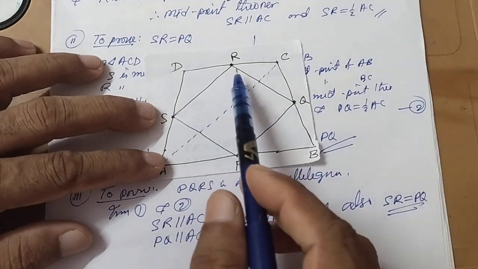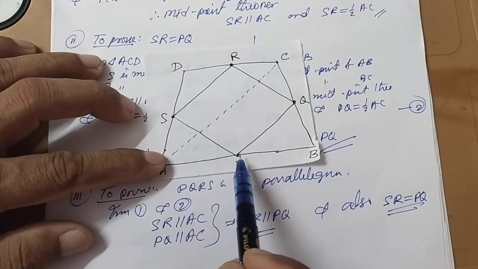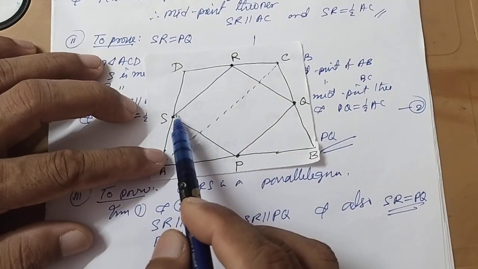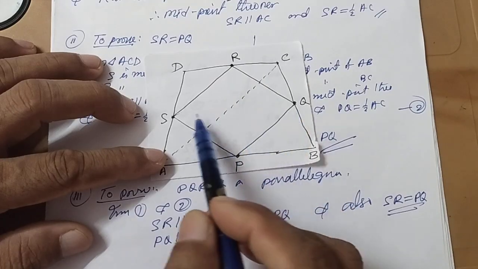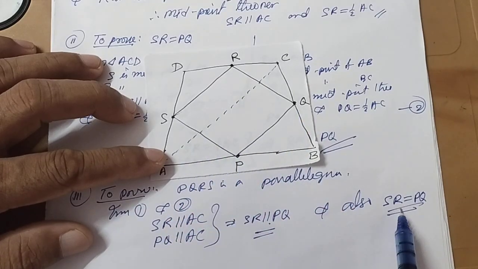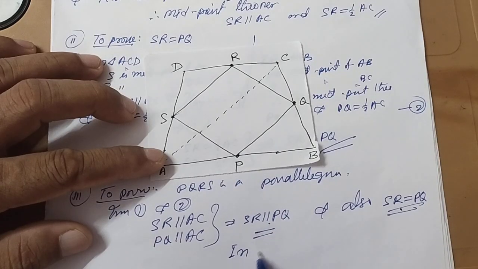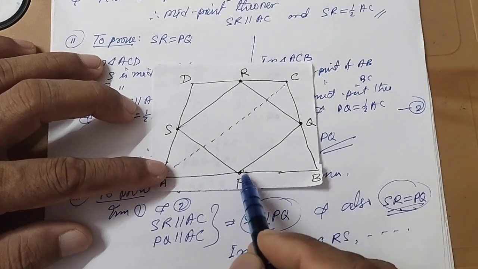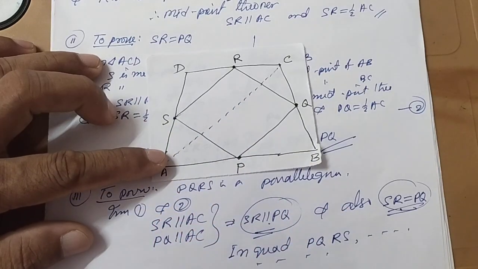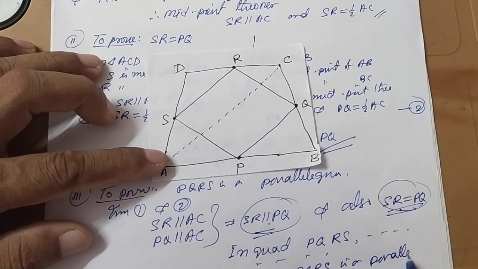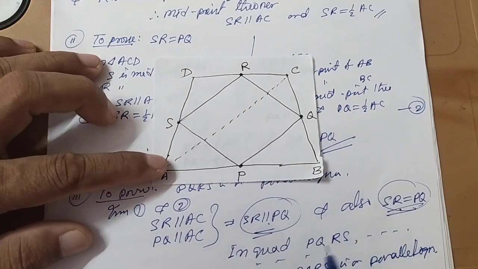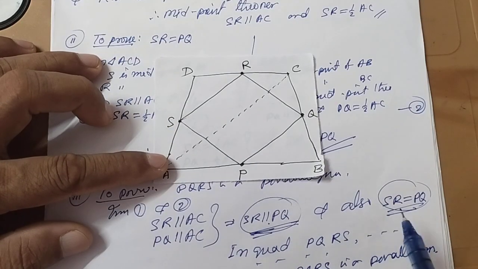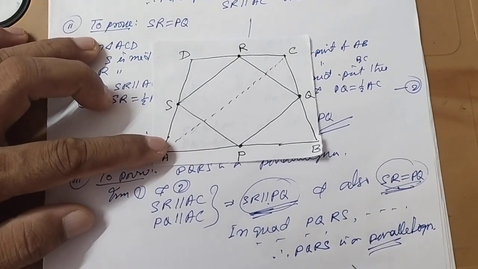That means in quadrilateral PQRS, we got one pair of opposite sides parallel and also equal, that is PQ and SR. Therefore PQRS is a parallelogram, because a quadrilateral with one pair of opposite sides parallel and equal is a parallelogram, and this is the complete proof for the question.